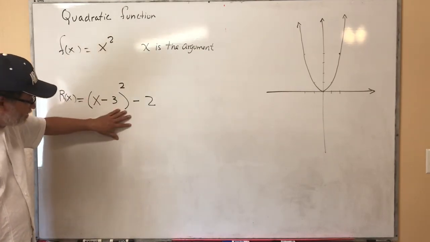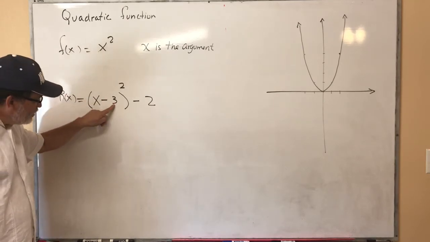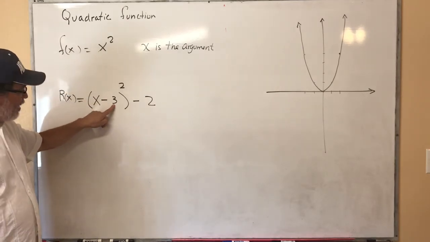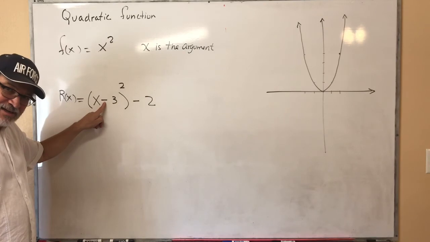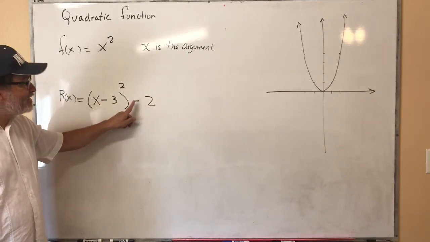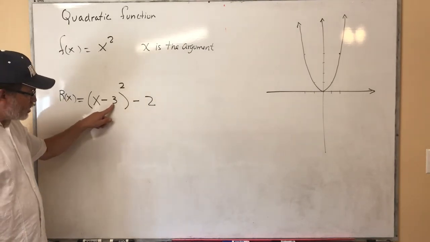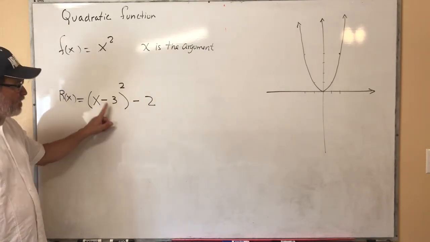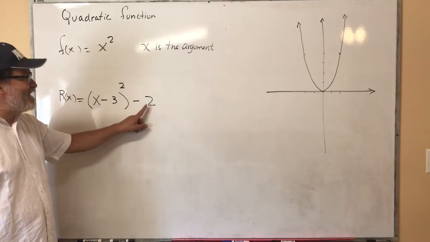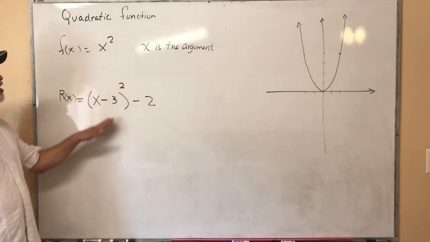So this is the basic parabola, 3 units to the right, 2 units down. This is a horizontal shift in the opposite direction. This is a vertical shift not in the opposite direction.